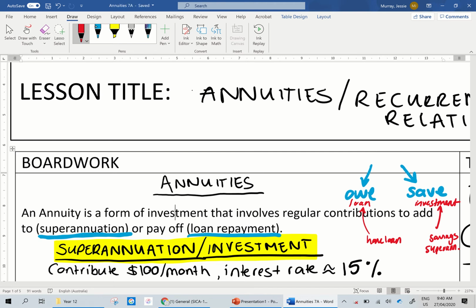All right, now, what makes something an annuity? We know about accounts and loans and investments before, but why do we suddenly call it this new word, annuity? Well, think about every single thing you've ever learned in financial maths. It's usually to do with interest.